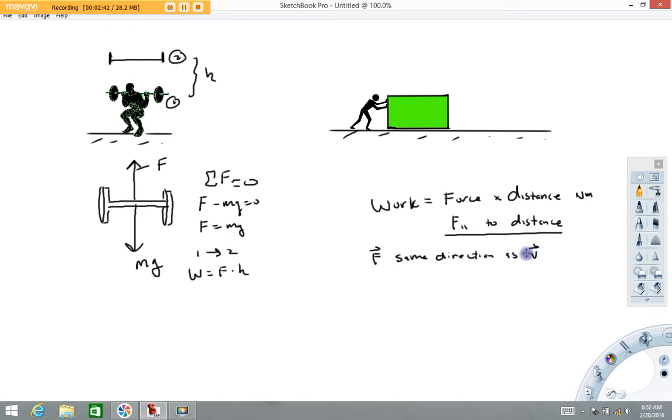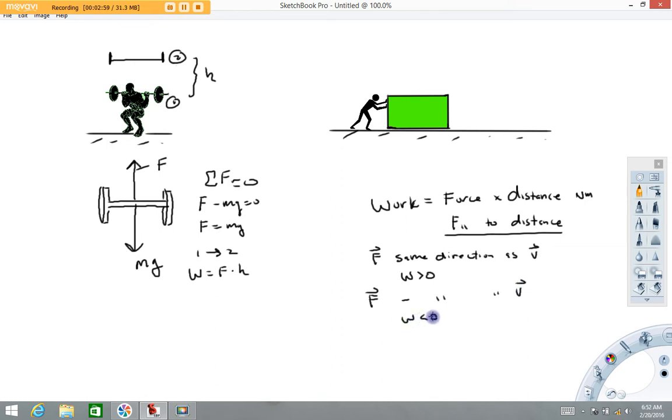I'm putting symbols over here to denote these are vector quantities. If the force vector is in the same direction as the velocity, then the work is positive, or we would say mathematically it's greater than 0. When the force is in the opposite direction as the velocity, then the work is negative.